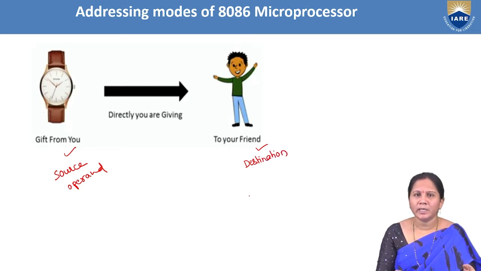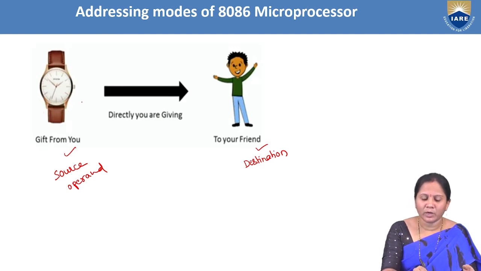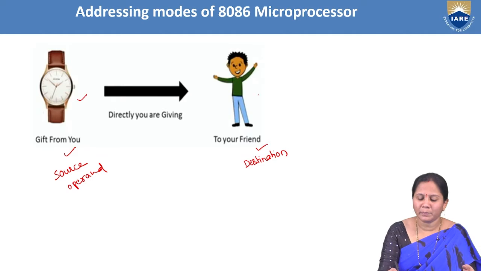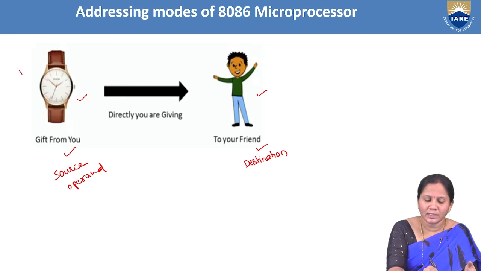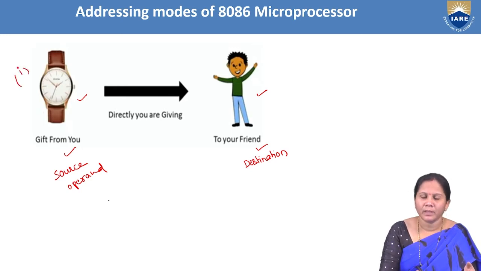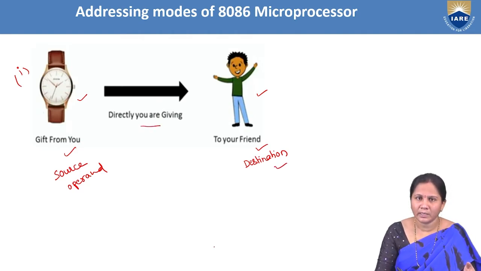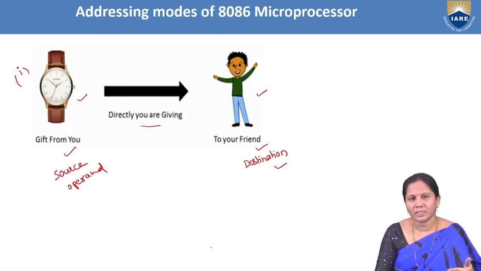Seeing this example, we can say the gift, whatever we want to give to a person, can be sent in different ways. In this case, the gift can be directly given to a person. That means the operand can be directly sent to the destination, which we call immediate addressing mode.